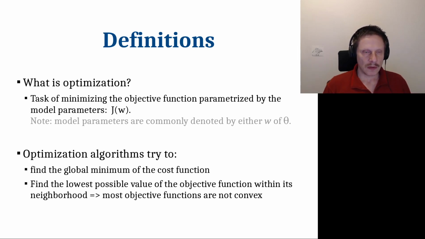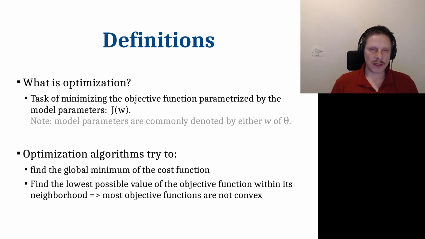So what an optimization algorithm is attempting to do is to find either the global minimum of the cost function, and that is the case for so-called convex optimization, where the objective function has a single global minimum, typically some kind of a bowl-shaped function.